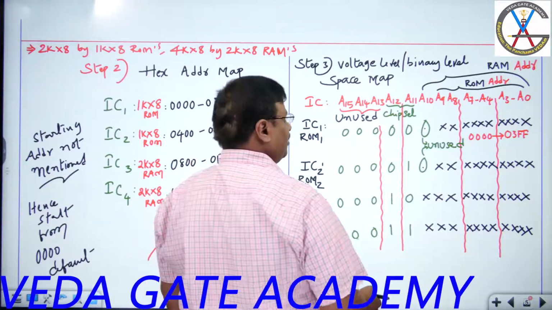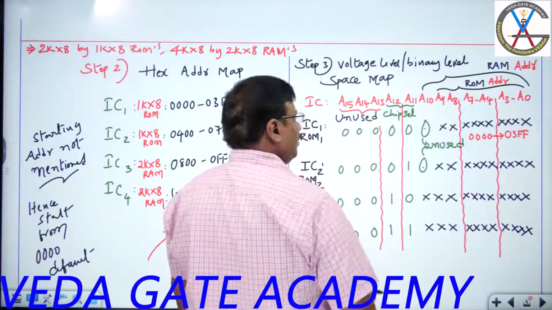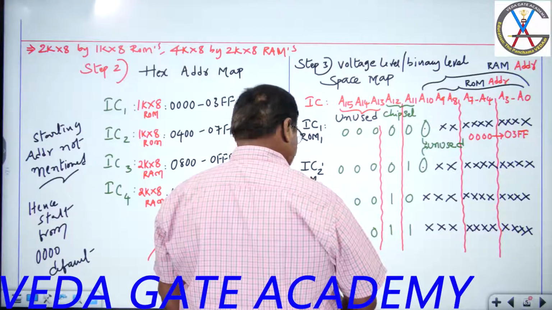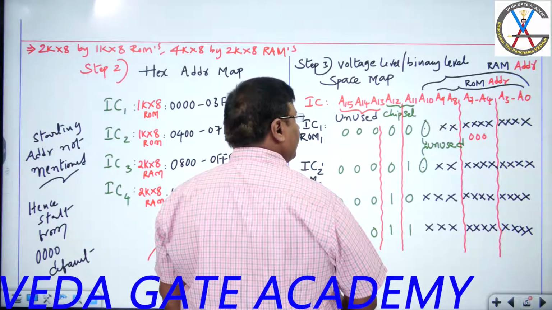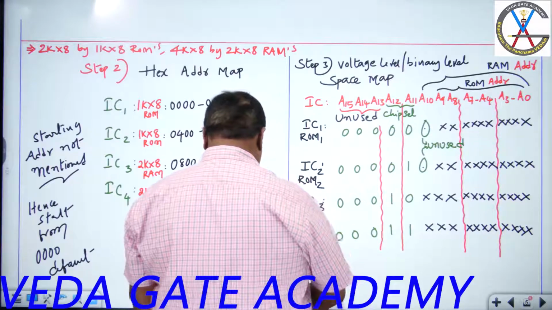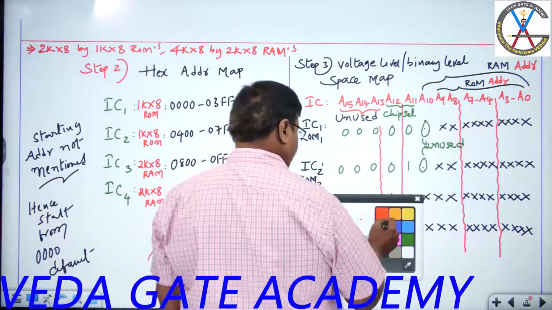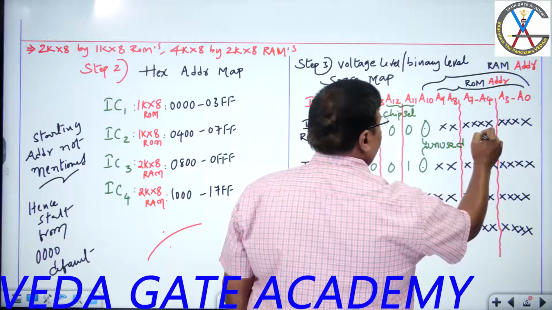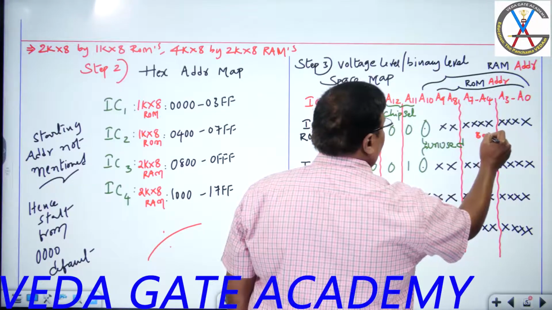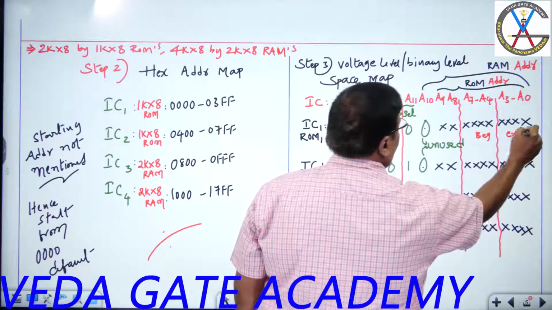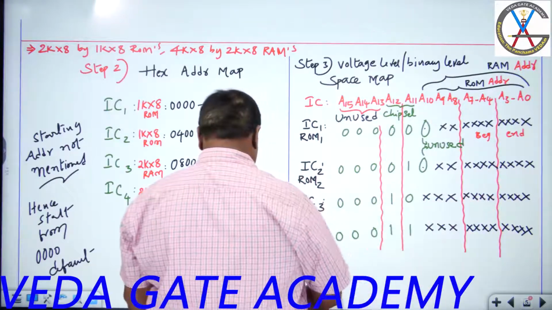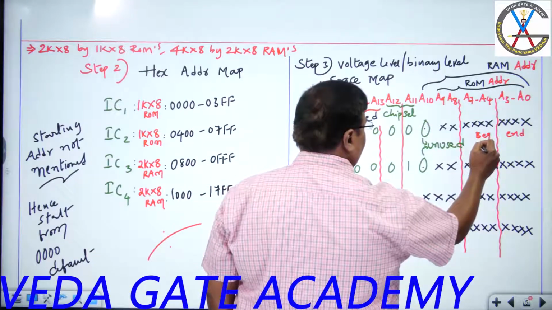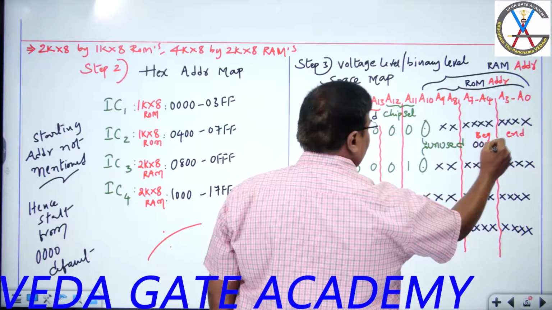My ending range. Beginning, ending. If I calculate, beginning: keep x equal to 0, so 0, 0, 0, 0.